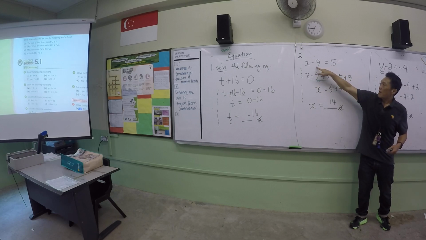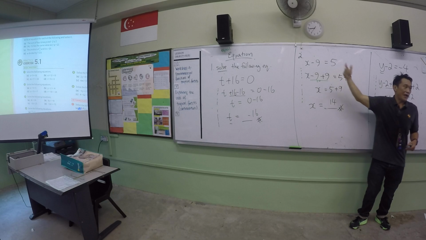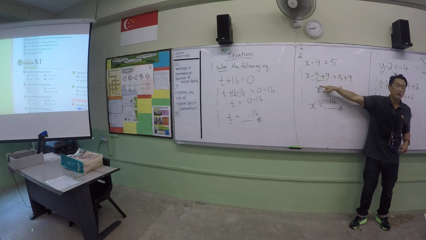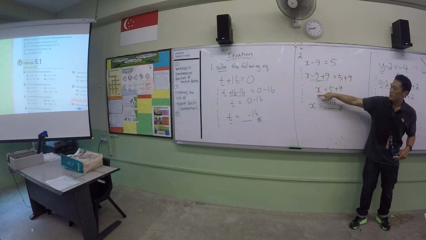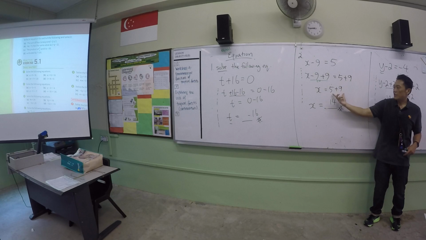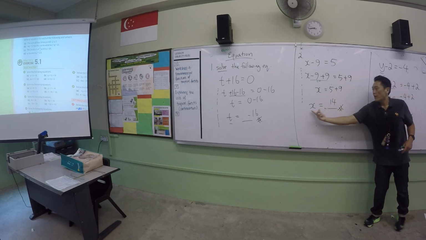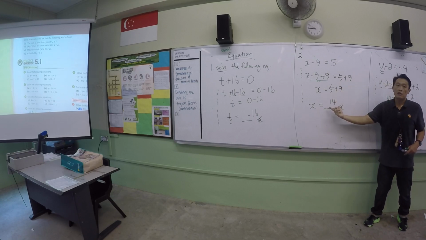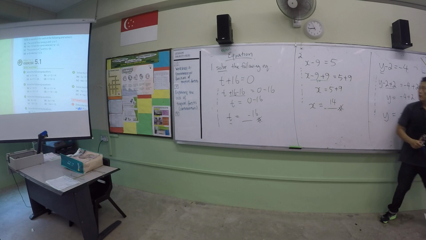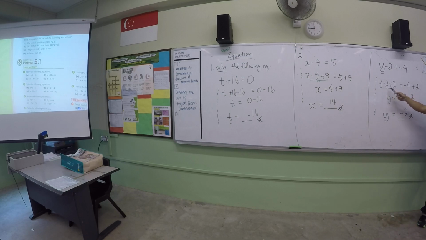To remove the minus 9, I need to plus 9, because minus 9 plus 9 will become 0, so that I can have x on one side. And when I have x on one side and all the numbers on the other side, I can know x is 14. This unknown here is 14, so that the left can be the same as the right. Okay, same. Minus 2, I must plus 2.